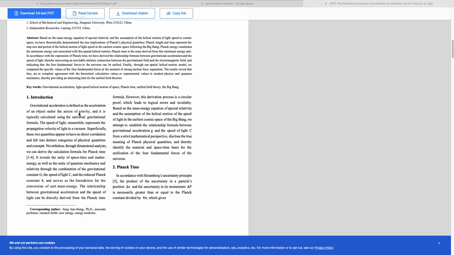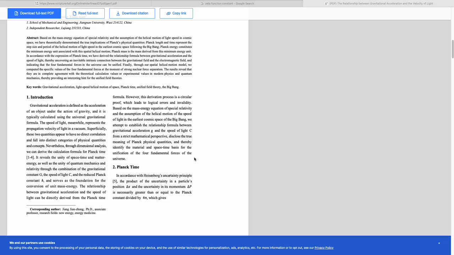gravitational acceleration is defined as acceleration of an object under the action of gravity, and it is typically calculated using the universal gravitation formula. The speed of light, meanwhile, represents the propagation velocity of light in a vacuum. Superficially, these two quantities appear to have no direct correlation and fall into distinct categories of physical quantities and concepts.